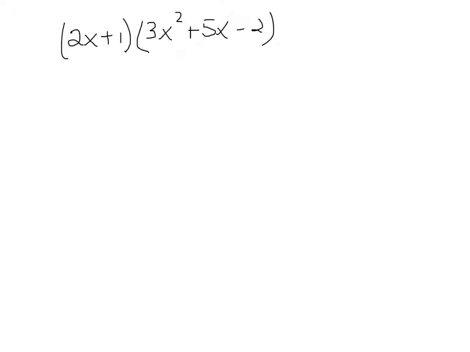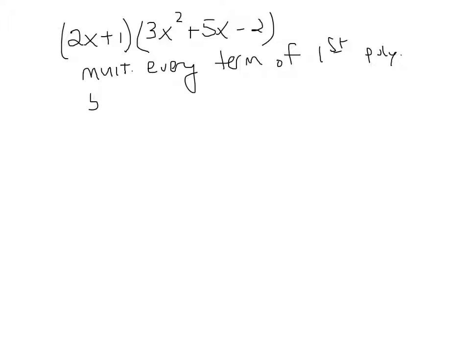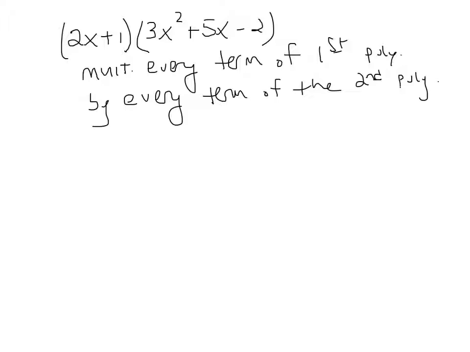Basically, what you have to do is you need to multiply every term of the first polynomial by every term of the second polynomial. We don't have a special acronym like FOIL like we do for this problem, so you have to keep track of your work. You have to be systematic about it.